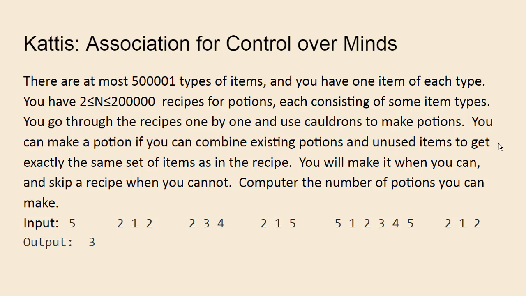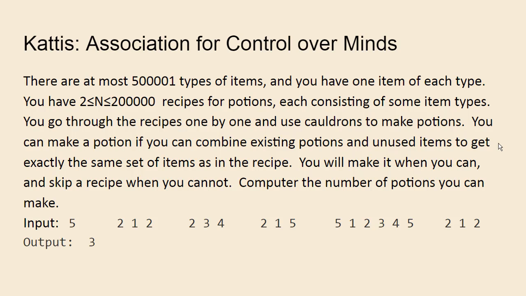Each recipe lists a number of item types, and you need one item of each type listed in the recipe in order to make that potion. You go through these recipes one by one, and you have as many cauldrons as you need in order to make potions. For each recipe, you can make it if you can use the unused items to make this new potion.